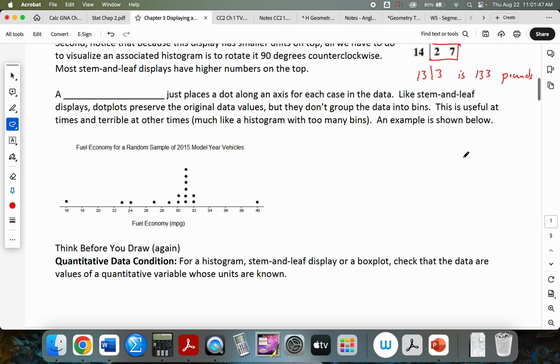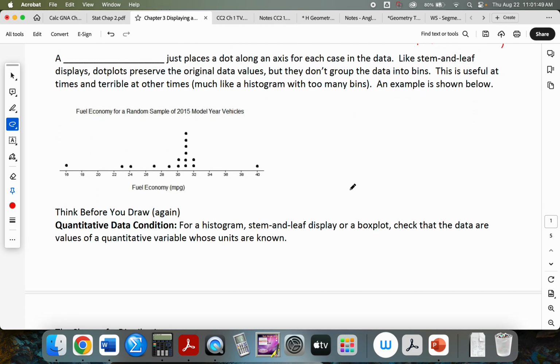All right, the next one we're going to look at is called a dot plot. It just places a dot along an axis for each case in the data. Like a stem and leaf plot, dot plots preserve the original data, but they don't group the data into bins.